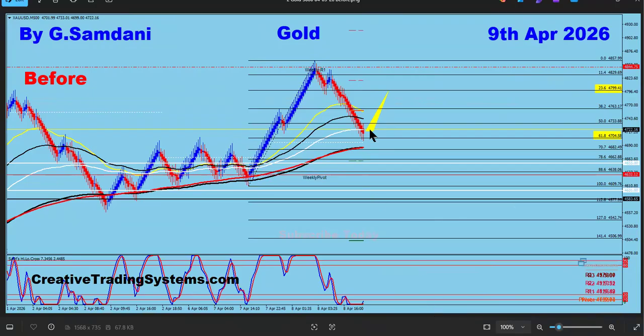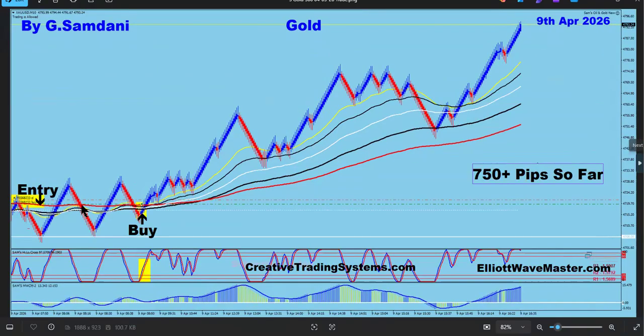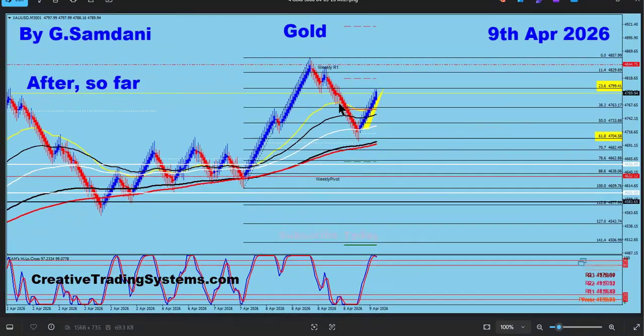So I was waiting for a long entry and I got one, and this is how it ended up. Bear in mind that the gold daily range is around 1,500, 1,600 pips. It moves big. So taking out 700, 800, 1,000 pips is not a problem if you know what you're doing. So this is the trade, and then we ended up like this.